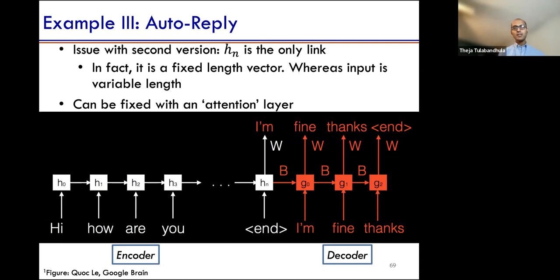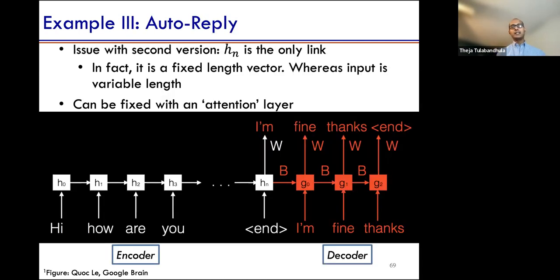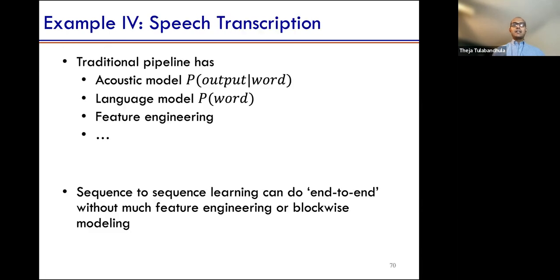So I'll talk about the attention in a couple of minutes. Let's look at one more example, just to see one other example of a sequence setting, which is speech transcription. So you're going from voice, which is a time series, like sound, right?